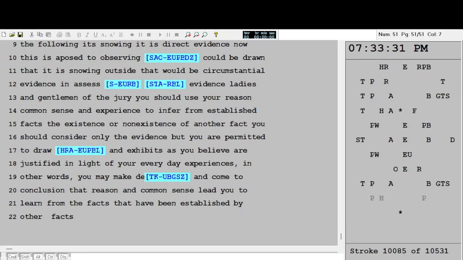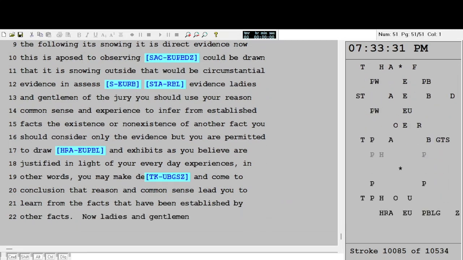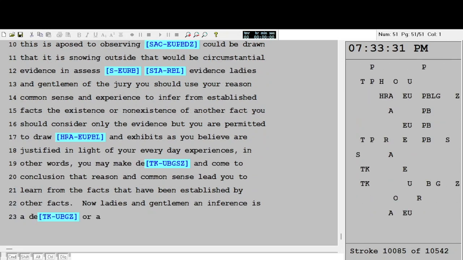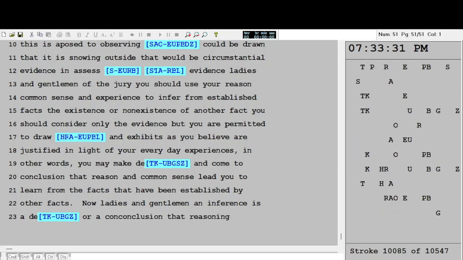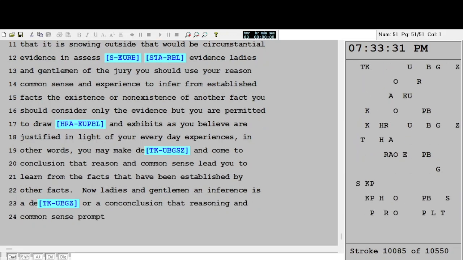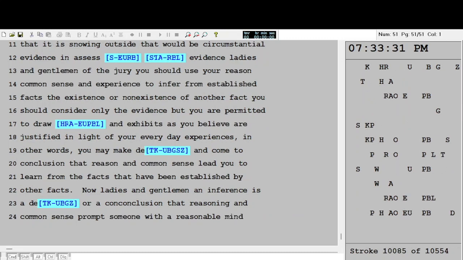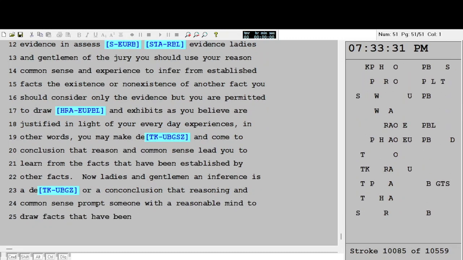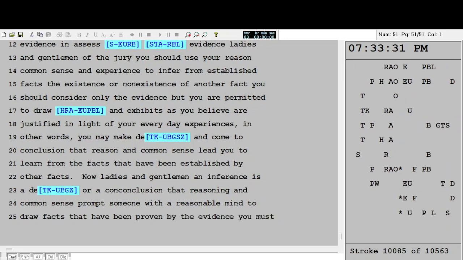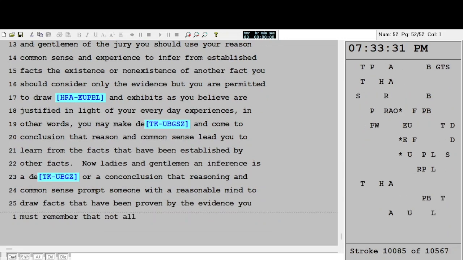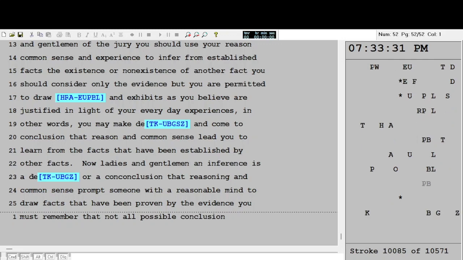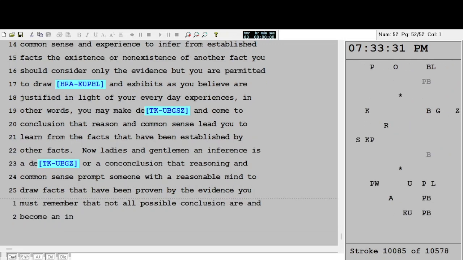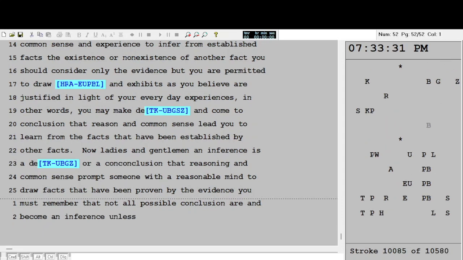Now, ladies and gentlemen, an inference is a deduction or a conclusion that reasoning and common sense prompt someone with a reasonable mind to draw from facts that have been proven by the evidence. You must remember that not all possible conclusions are fair inferences, and they should not become an inference unless you feel it is a legitimate inference.